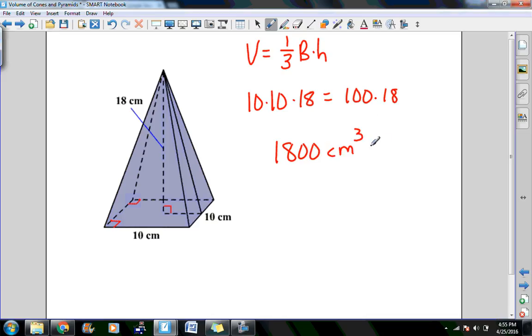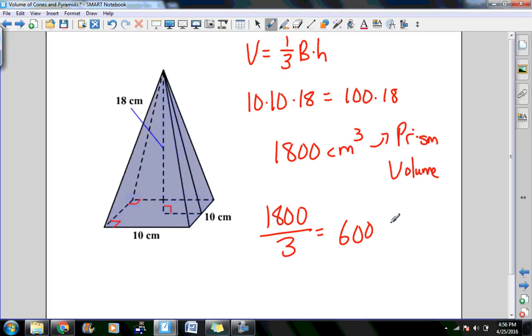And that's the volume of the prism. But we want the volume of the pyramid. So we take this number and we divide it by 3, which is equal to 600 cubic centimeters. And that's equal to the volume of our shape here on the left.